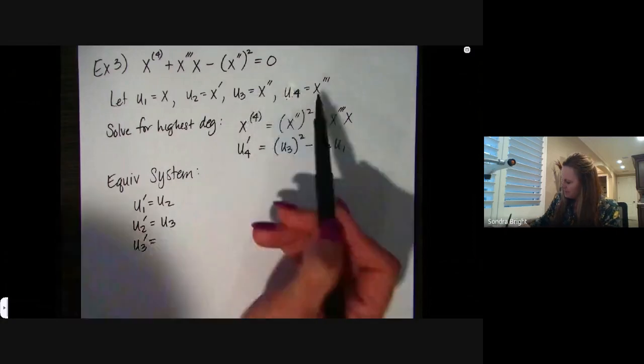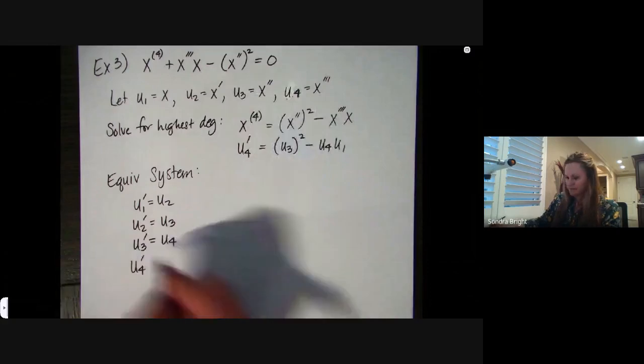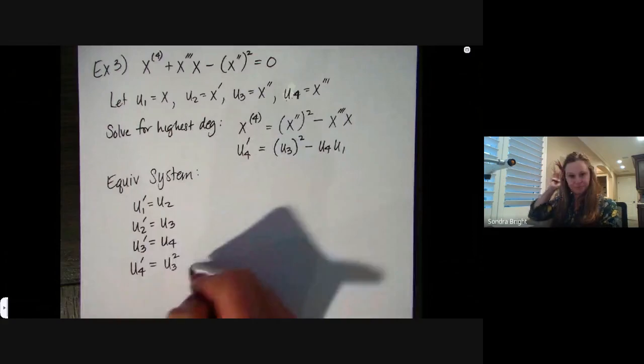And then the first derivative of u4, we solved right there. It's u3 squared minus u4 times u1.